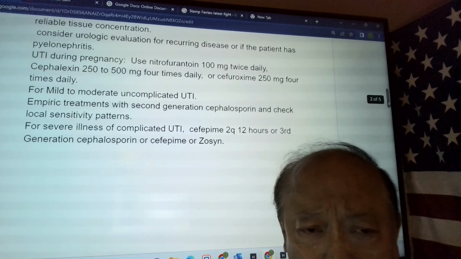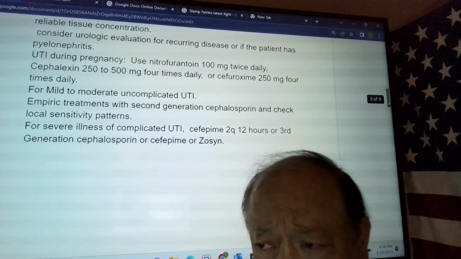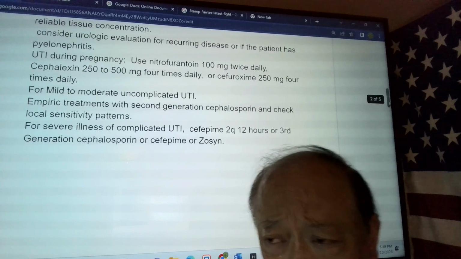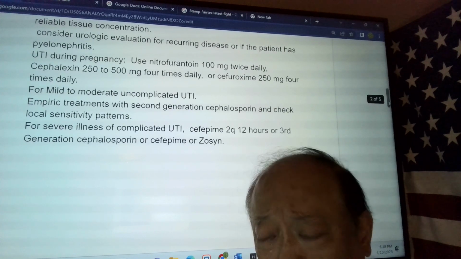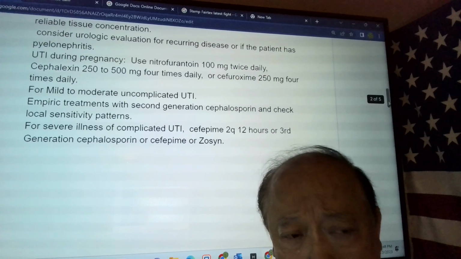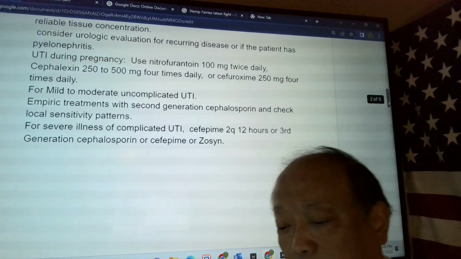So the important factoid is that some nursing homes require a separate room, and the two bacteria that have ESBL capability, they produce beta-lactamase, are E. coli and Klebsiella.